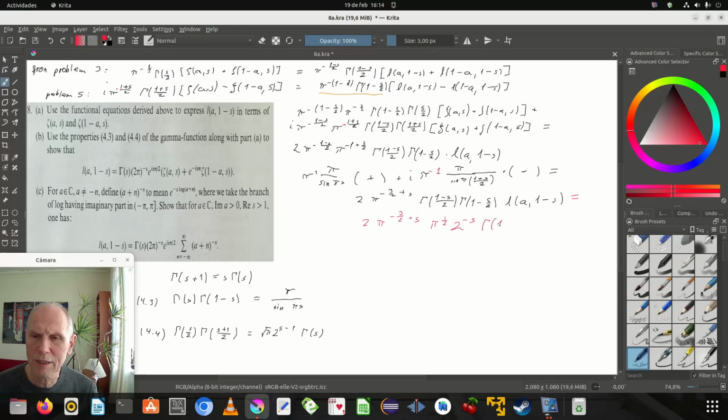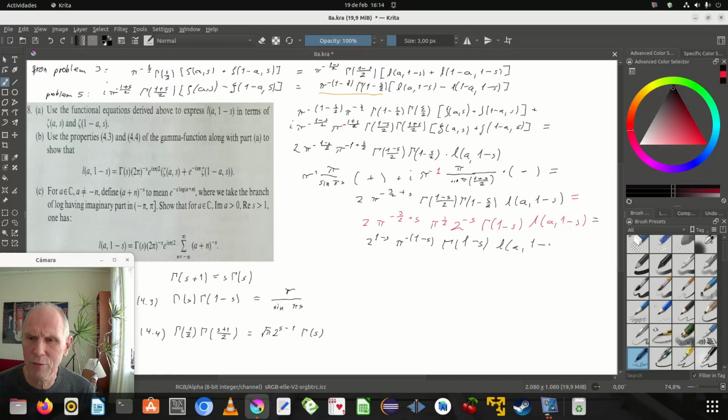Gamma of 1 minus s. And then let's see, we can reduce it. Let's do that first. 2 to 1 minus s pi to minus 1 minus s gamma of 1 minus s L of a.1 minus s.